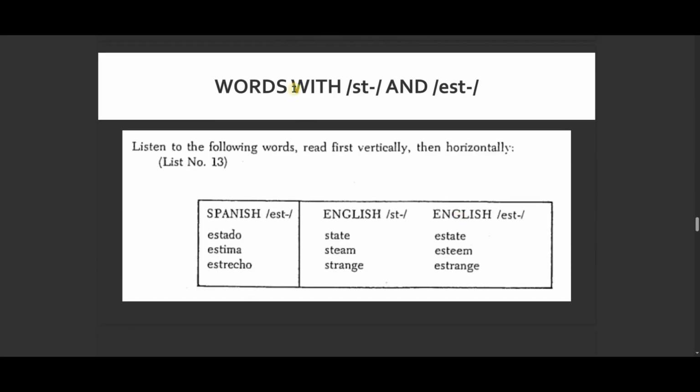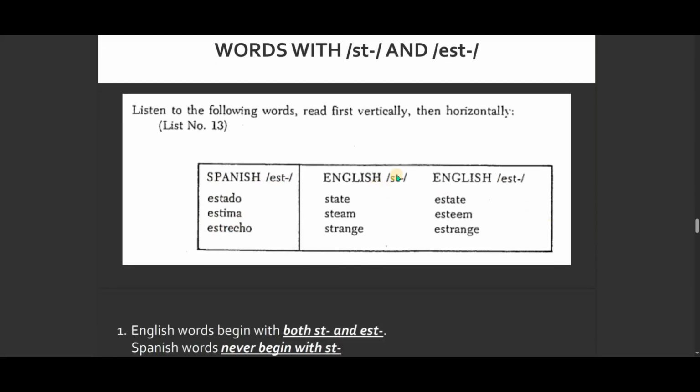Then we also have words with ST and EST, which is almost the same as the P sound. Let's listen to the following words. Spanish EST: estado, estima, estrecho. English ST: state, steam, strange.